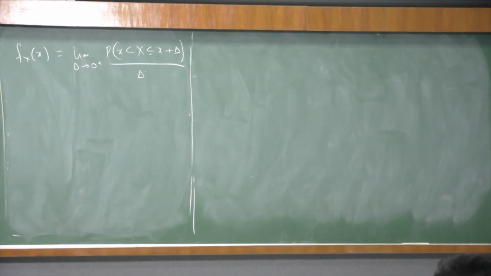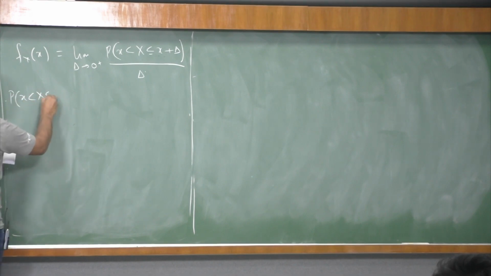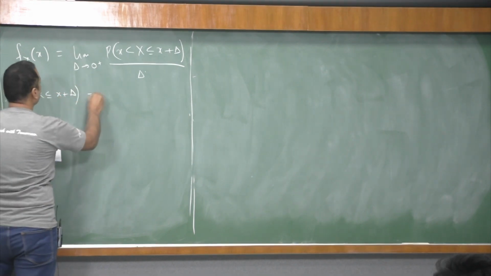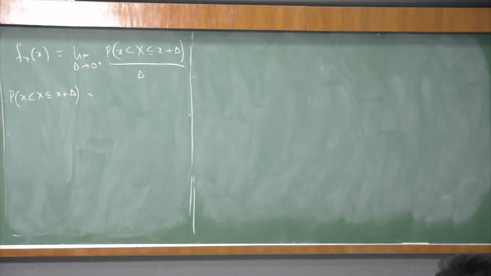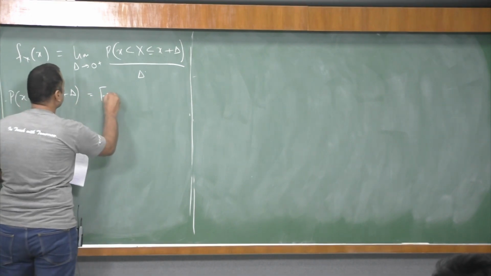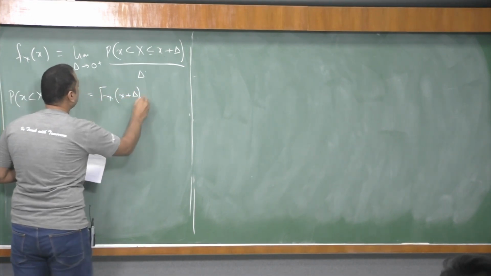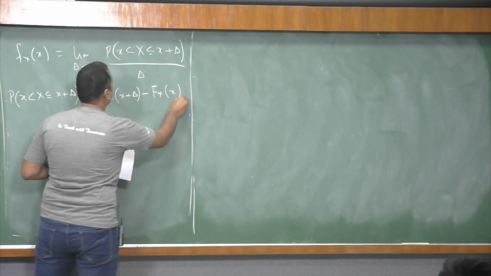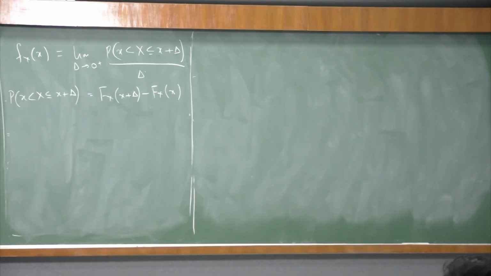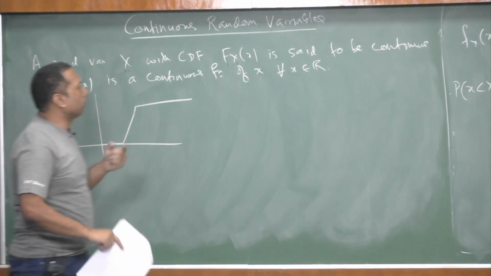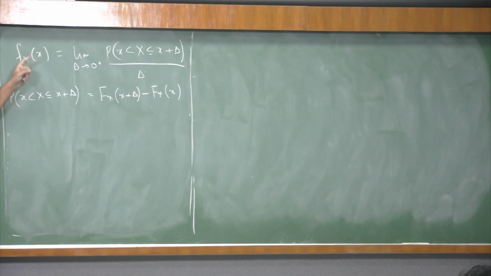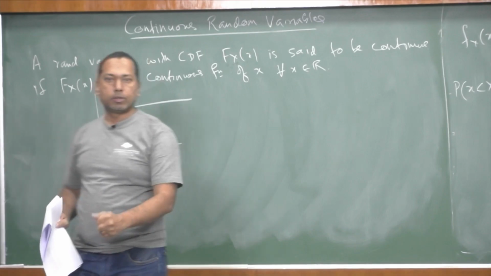So I can write this probability value in terms of the CDF. The probability that x is less than X less than x plus delta could be written as F_X(x plus delta), all probability until x plus delta, minus all probability until x. So we can write this as F_X(x plus delta) minus F_X(x). Where I am going is that I want to show that f_X is a differentiation of the cumulative.